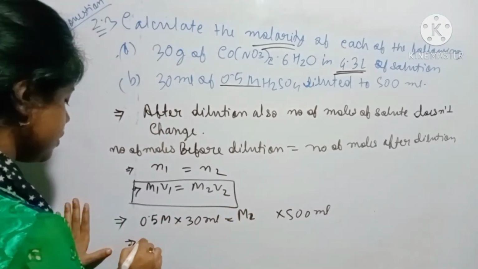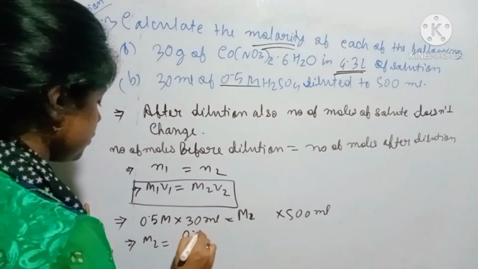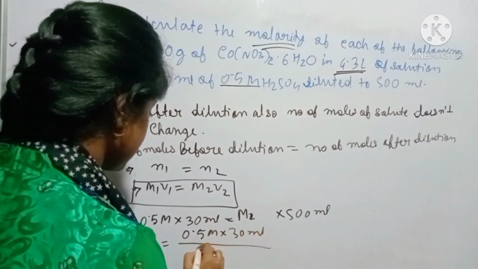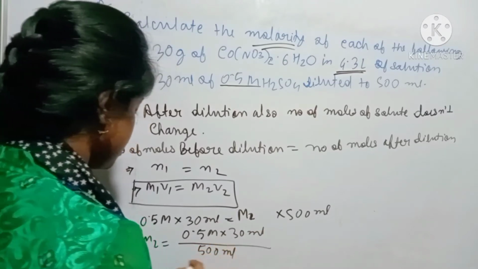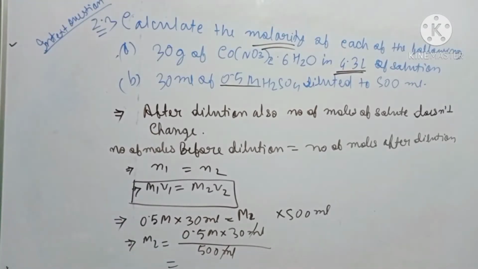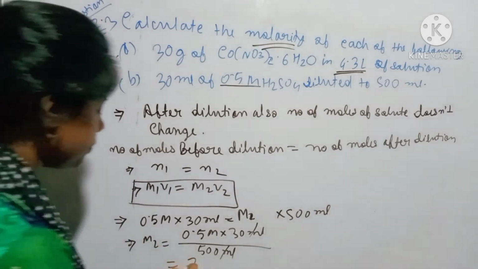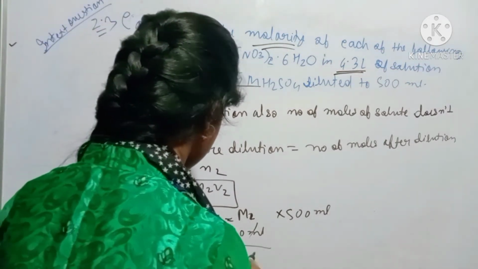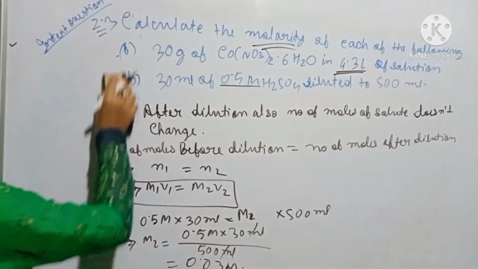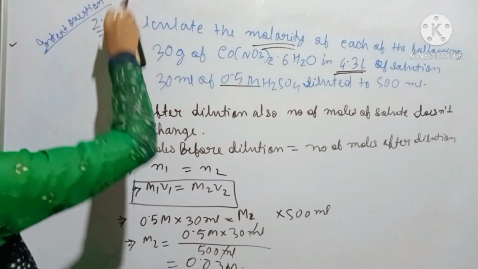So we get molarity as 0.5 molar into 30 ml divided by 500 ml. Its value is around 0.03 M.